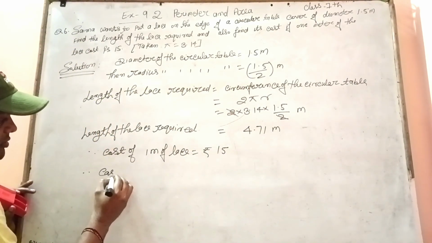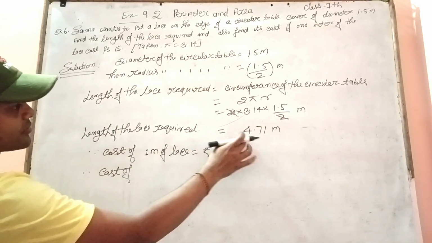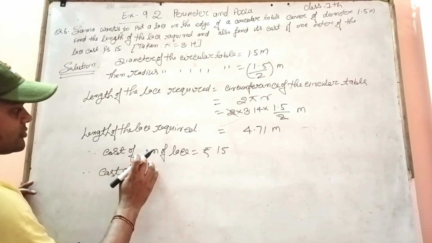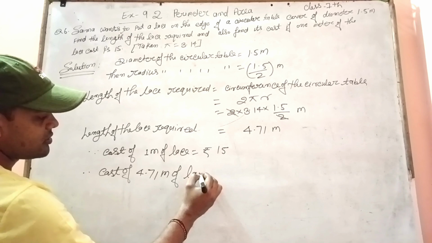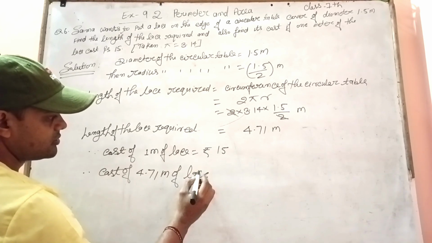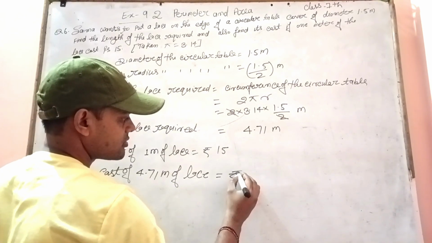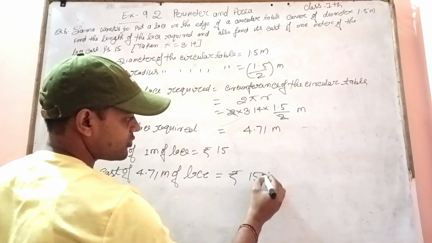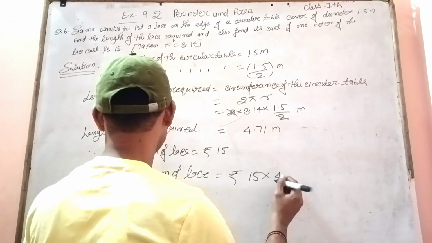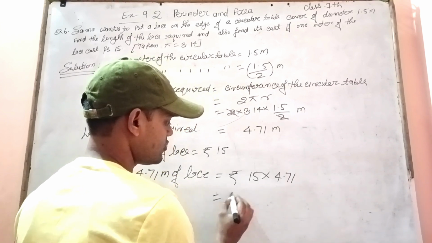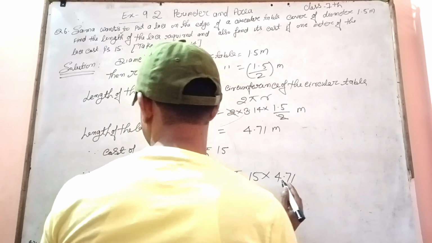Therefore, cost of 4.71 meter of lace is equal to rupees 50 into 4.71, is equal to rupees 70.65 (wait, 50 into 4.71 is 235.5; as stated in the lecture: 70.65).